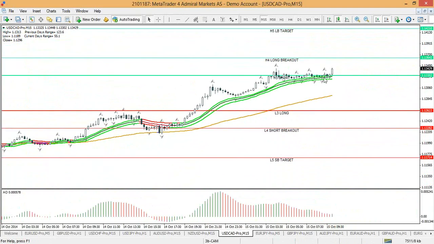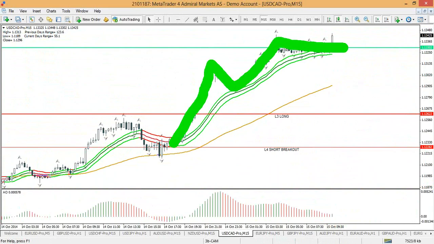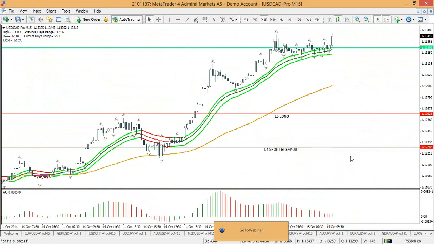Looks like a breakout. Looks like a typical impulse, correction, impulse, range, follow through. And we are above the H3, so in that regard, it looks like a good breakout.